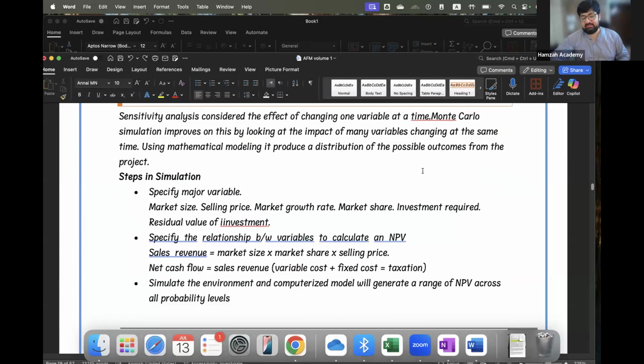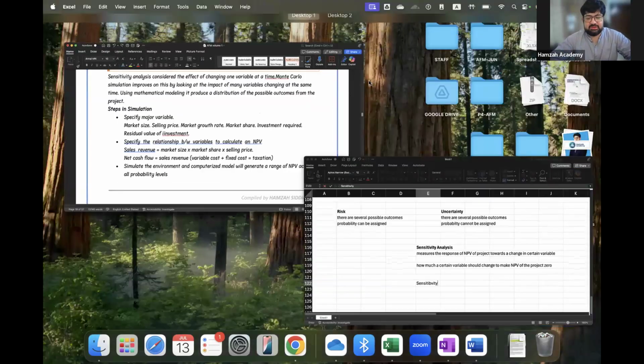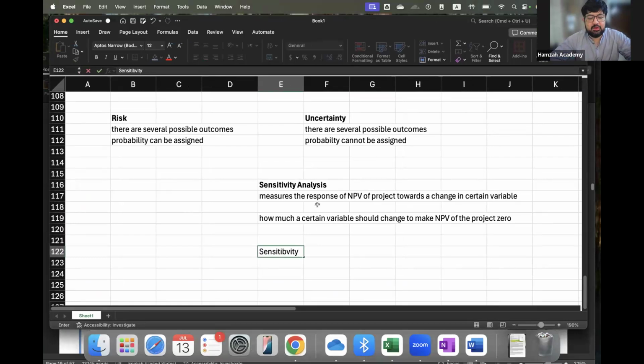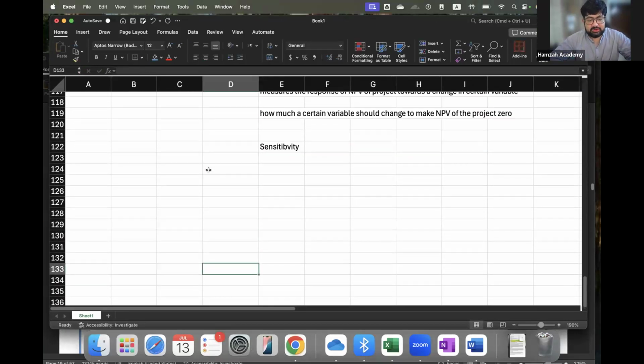Now, let us do it with an example. For example, this is a project. I will take assumed figures just to explain to you.